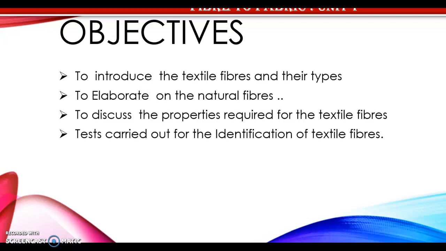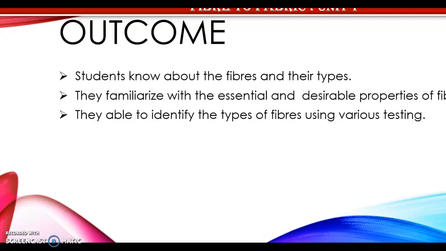The objective of the subject fiber to fabric is to introduce the textile fibers and their types, elaborate on the natural fibers, discuss the properties required for the textile fibers, and also deal with the various tests carried out for the identification of textile fibers.